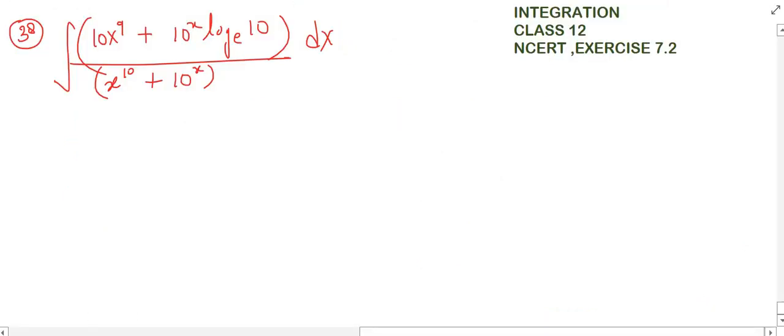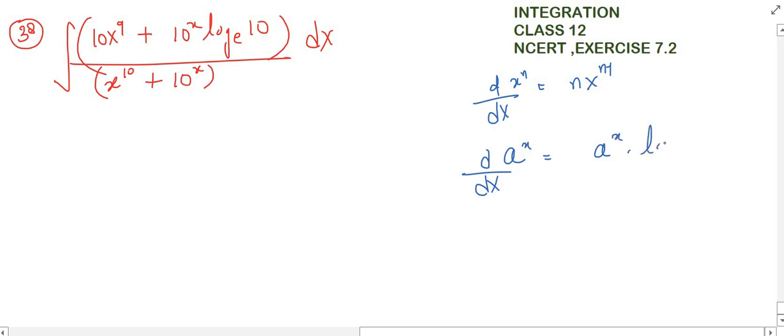This is the question. See guys, this question seems to be very difficult, but if you have a good knowledge of differentiation, it's straightforward. ठीक है? आपको ये पता होना चाहिए that derivative of x raised to power n is this. ठीक है? And second formula that derivative of a raised to power x is a raised to power x log of e base a.